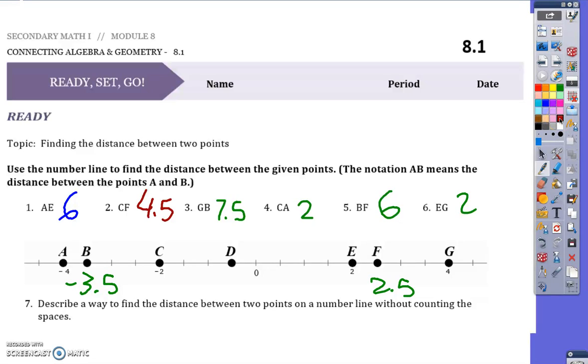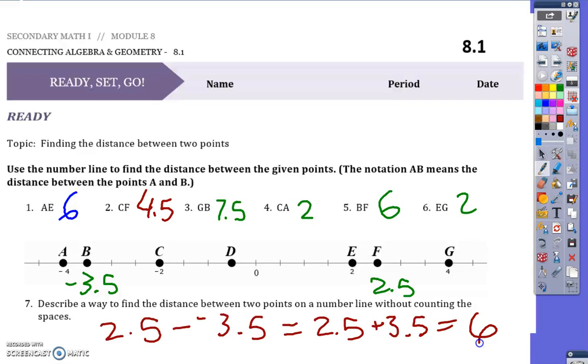If I take F, which is the positive one, and subtract B, so I'm starting with the one on the right and moving to the one on the left, that becomes 2.5 plus 3.5, which gives me 6. So by knowing what number it belongs to, I can just subtract the one on the right minus the one on the left, and that gives me the answer.